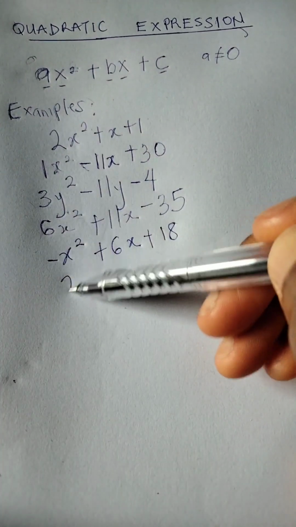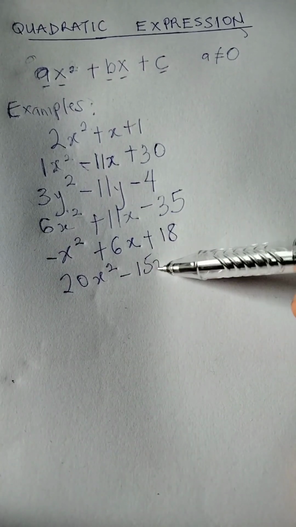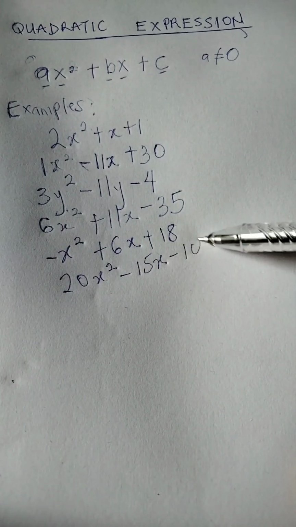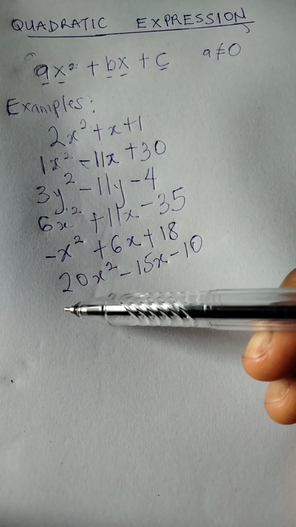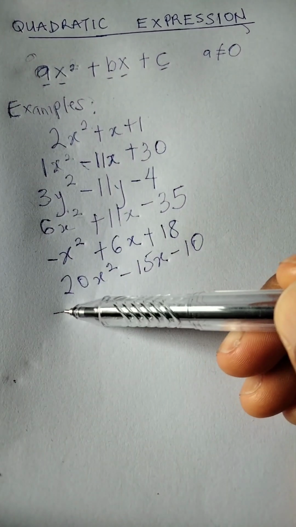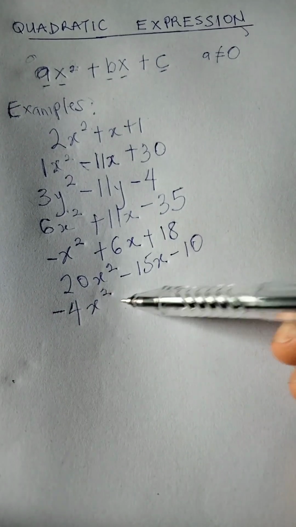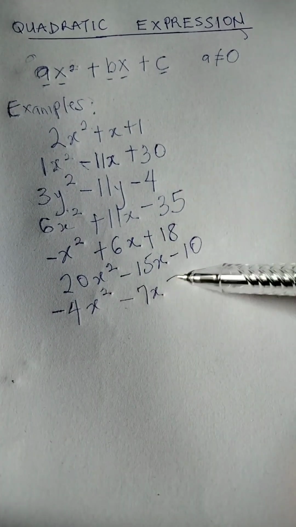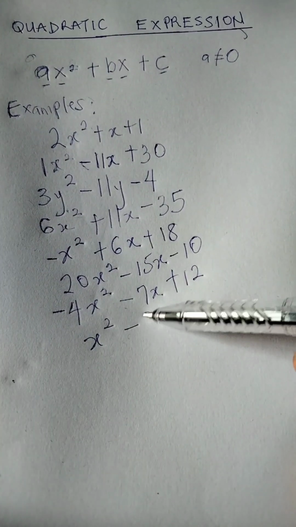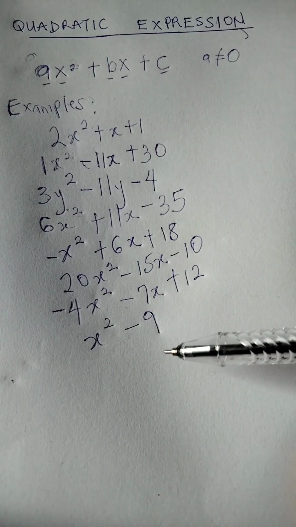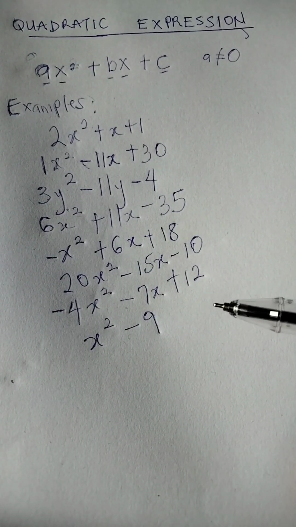And we can also have 20x squared minus 15x minus 10. Another example of a quadratic expression can be minus 4x squared minus 7x plus 12. And then we can also have x squared minus 9. Now these are the various forms in which we can have quadratic expression.